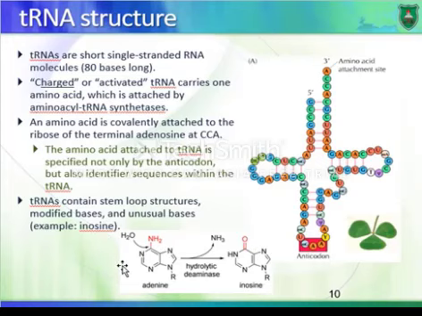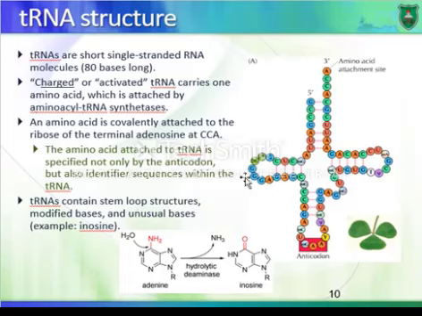Inosine is an unusual base other than the normal ones, C, G, A, and U. The inosine is produced usually by hydrolytic deamination, removing the imine group from the adenine and producing inosine, as you can see here in this figure.